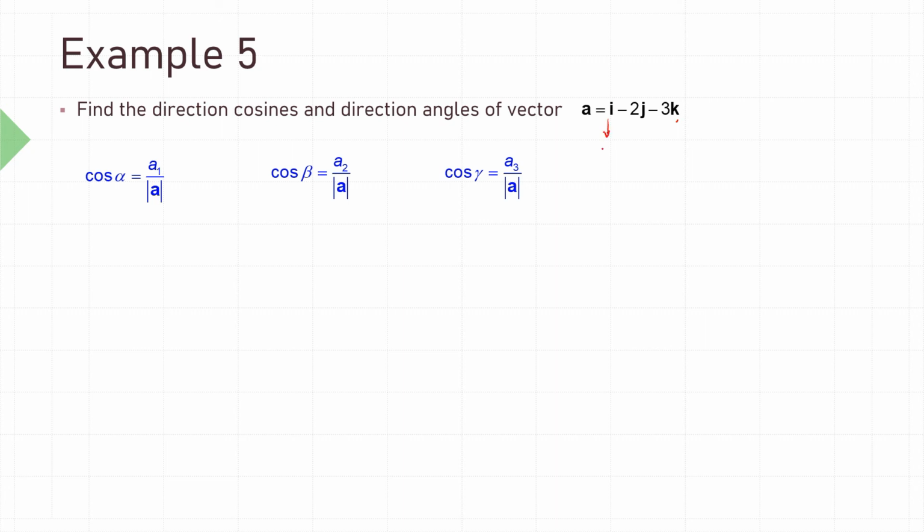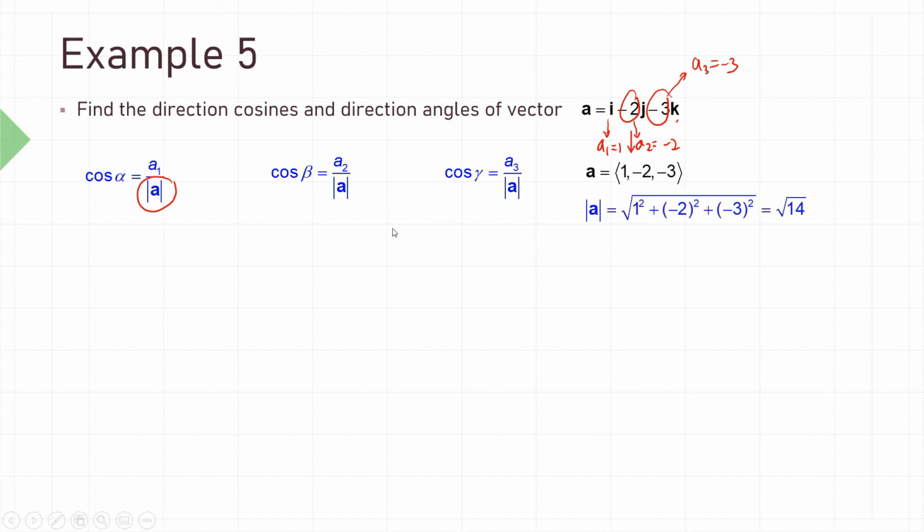So the first component, this is A1, which is equal to 1, A2, which is equal to -2, and A3 which is equal to -3. So you just need to plug into this formula, but you have to find the magnitude of A here. So firstly, we find the magnitude of A, which is equal to square root 14 here. So now you just need to substitute inside this formula.